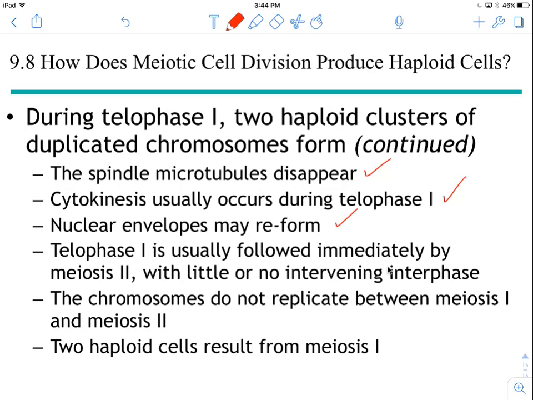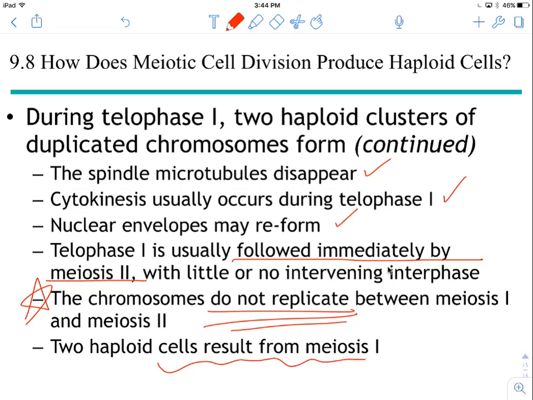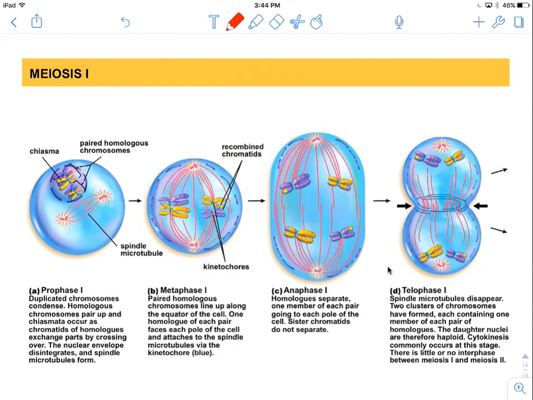Nuclear envelopes may reform, but they may not, because remember, we're going to divide again in meiosis II. Telophase is usually immediately followed by meiosis II. There's no intervening interphase in between them. Another good point: chromosomes do not replicate again between meiosis I and meiosis II, and that's how we keep our haploid cells. So let's look at that picture one more time.